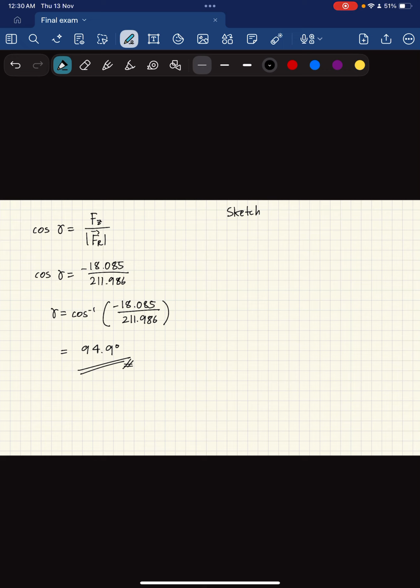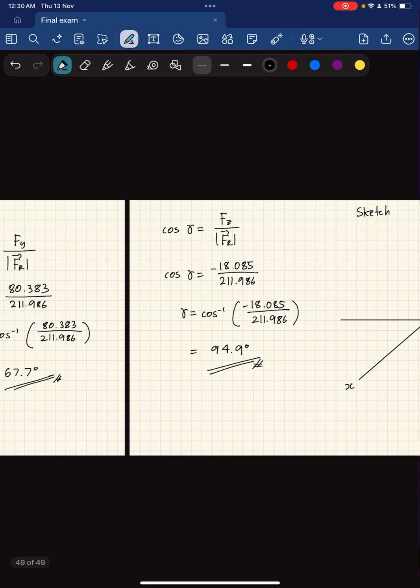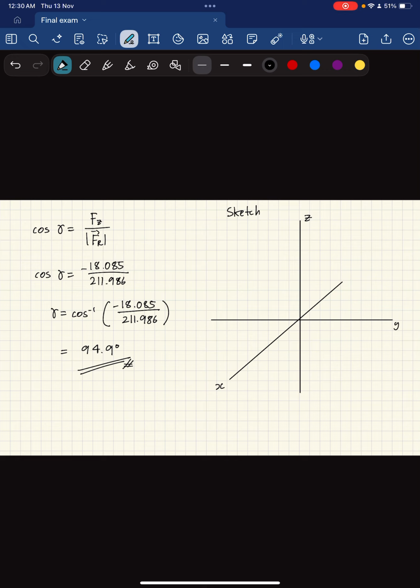You just do a rough sketch with the x, y, and z axes, and our force in question is 212 newtons, the magnitude. I'm going to draw in blue if possible. If you draw the force in a different colored pen, it will be a bit easier to see.